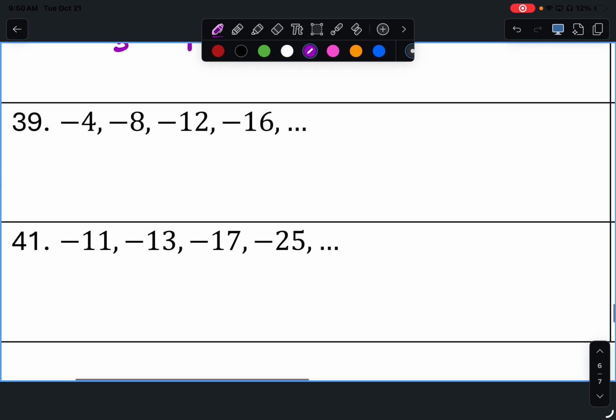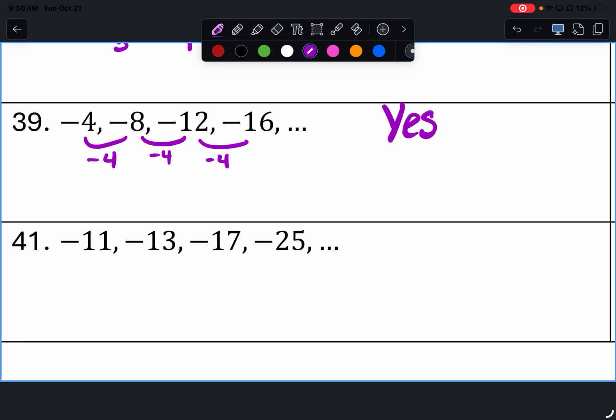So for 39, what's the difference between -4 and -8? -4. From -8 to -12? -4. -12 to -16? So is that an arithmetic sequence? What's the common difference?